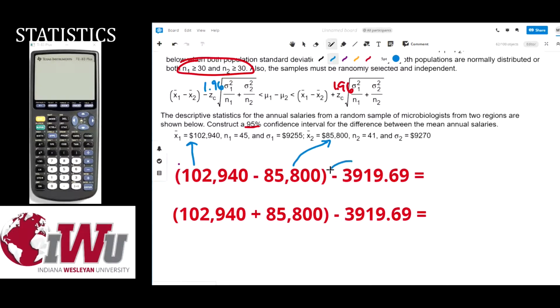And again, this value here came from all the calculations that we did for that square root. And then we multiplied it by the 1.96, the z. So all that stuff was taken care of. Now we're at a point where we just simply have to get this value here, subtract it, get that value there, same value as above.